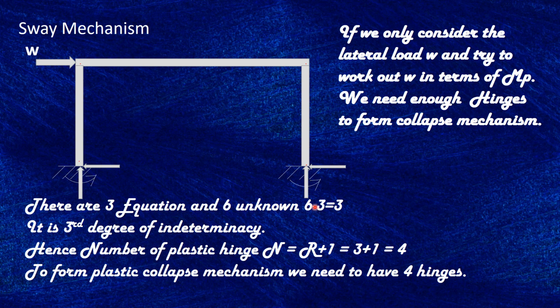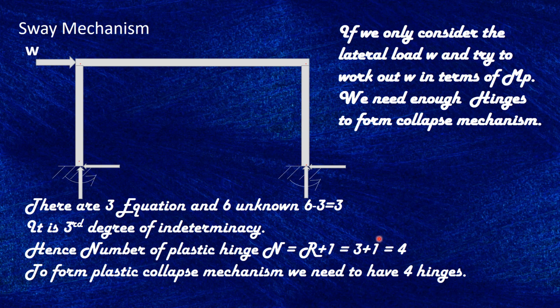So there's 6 unknowns minus 3 equations is 3, so it is 3rd degree indeterminacy. Hence the number of hinges that we need to cause is R plus 1, which is 4.